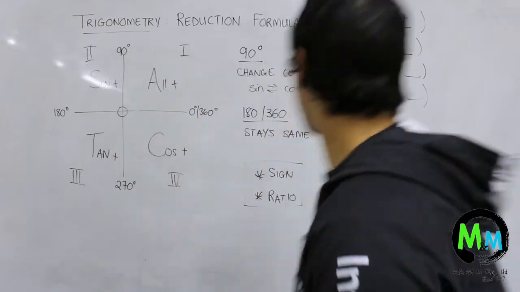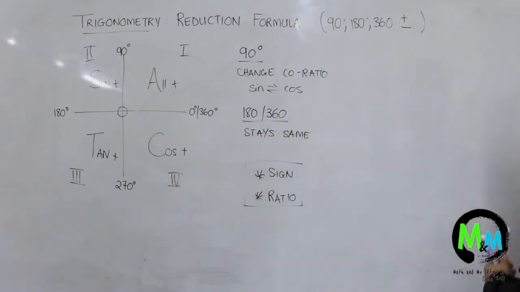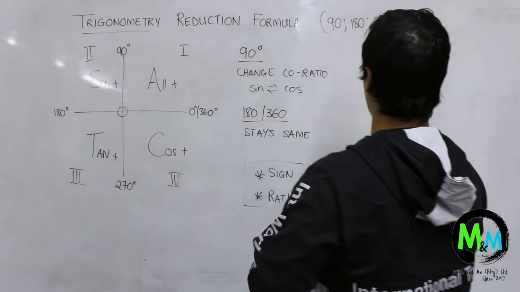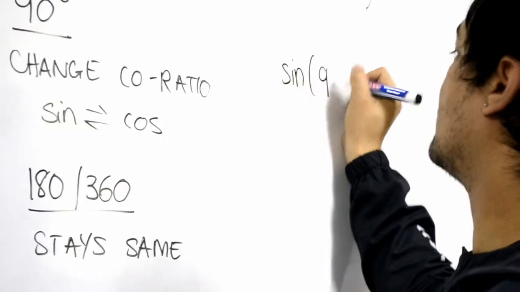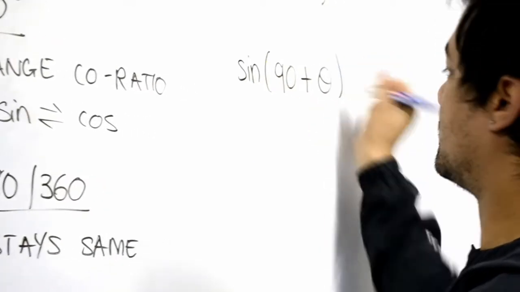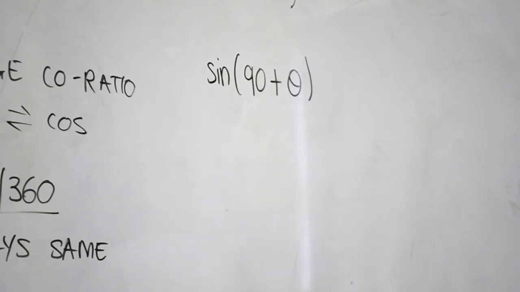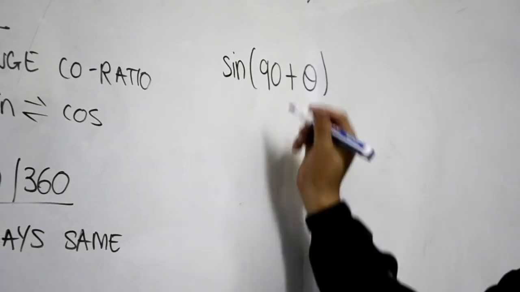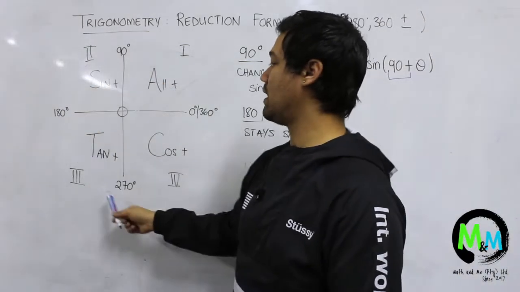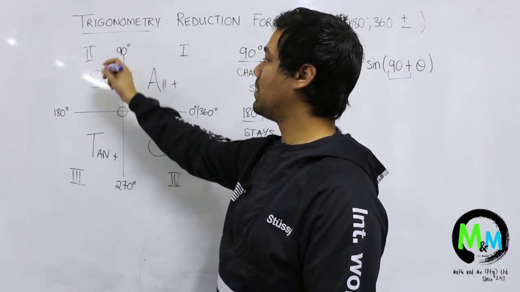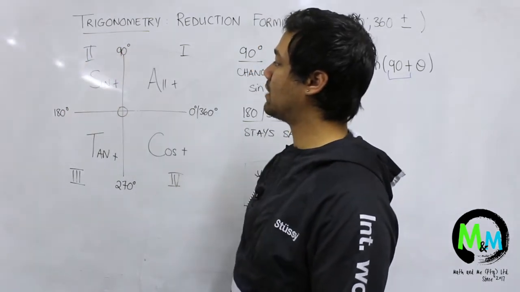Okay, so I'm going to erase this over here. Let's say, for example, I have sine of 90 plus theta. All right, so what you're going to do is you're first going to check your sign. So you check your sign with this 90 plus. You know we have our cardinal points over there. So 90 plus will place us into the second quadrant, 90 plus obviously being between 90 and 180.